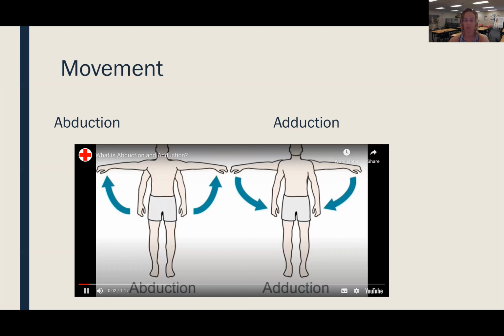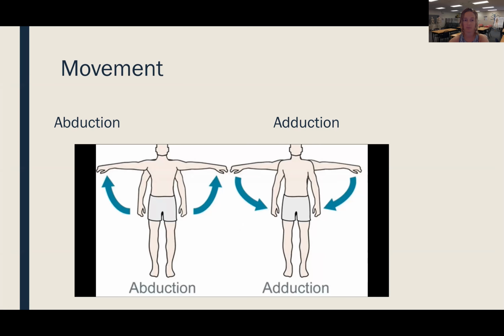What is abduction and adduction? These are two words used to describe the movements of limbs. Abduction is movement of a limb or part of a limb away from the midline of the body. Adduction is movement of a limb or part of a limb toward the midline.